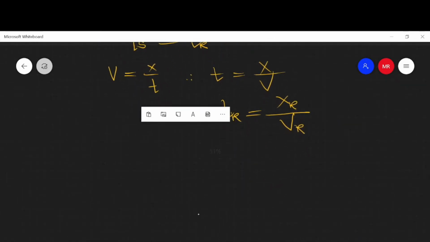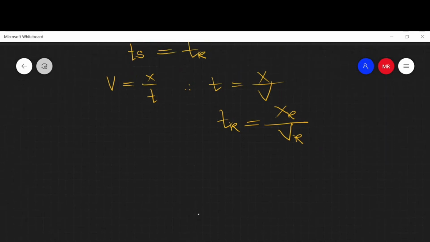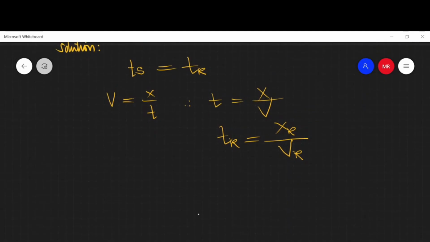But the stone is in free fall. So if it is in free fall, we need to use one of the kinematic equations that we derived in our previous lesson. What is the most appropriate formula that we can use to find the time of the stone?